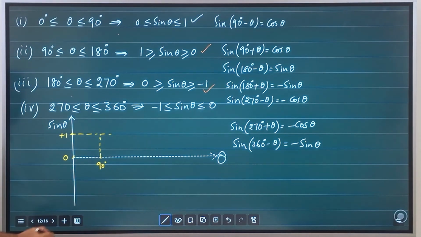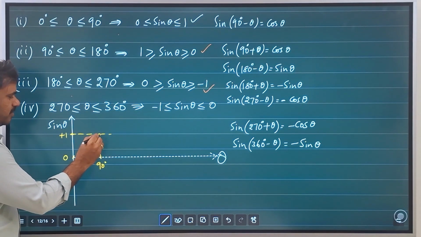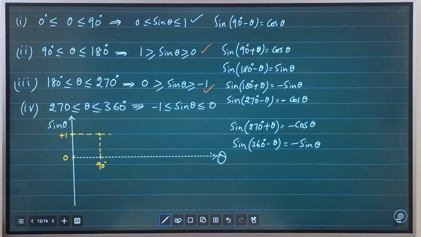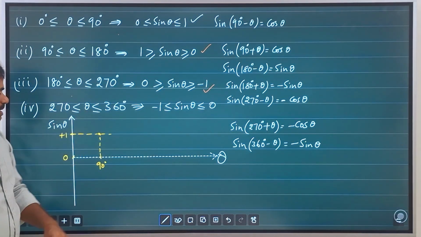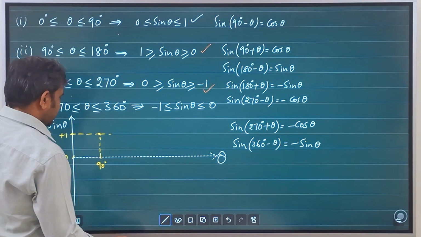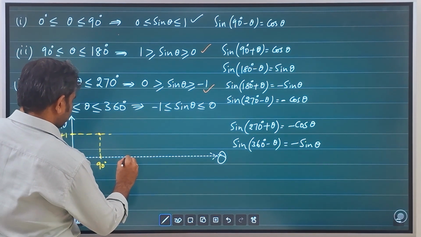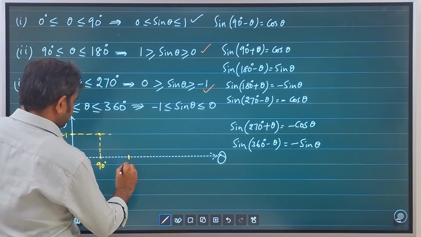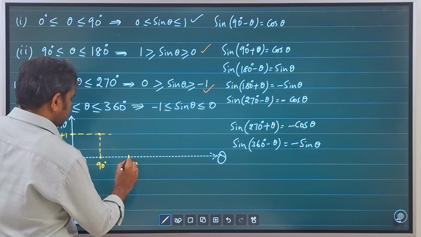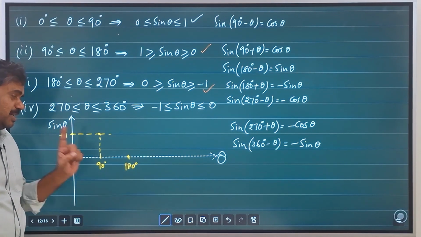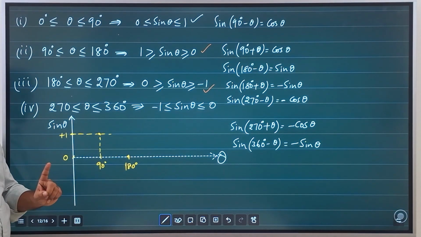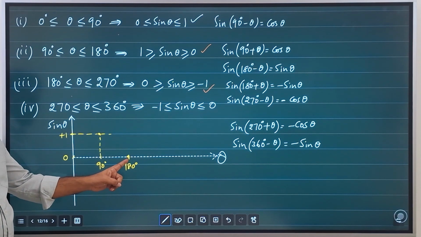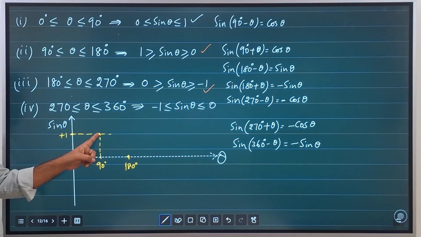For theta equal to 180 degrees, again sine theta is equal to 0. When x becomes 180 degrees, y becomes 0. So 180 degrees comma 0 is the point here. This point is 90 degrees comma 1. This point is 0 comma 0.